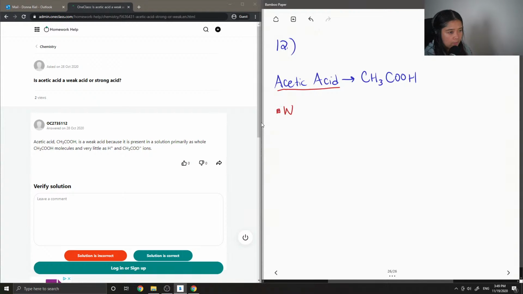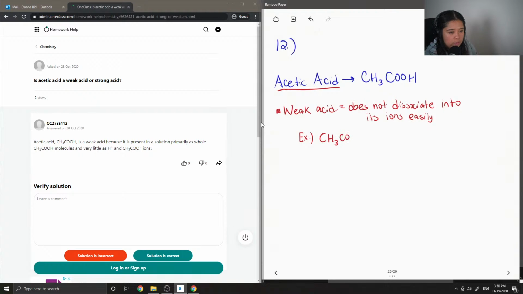Just quickly summarizing the difference between a weak acid and a strong acid: a weak acid does not dissociate into its ions easily. So in the case of acetic acid, it is a weak acid.